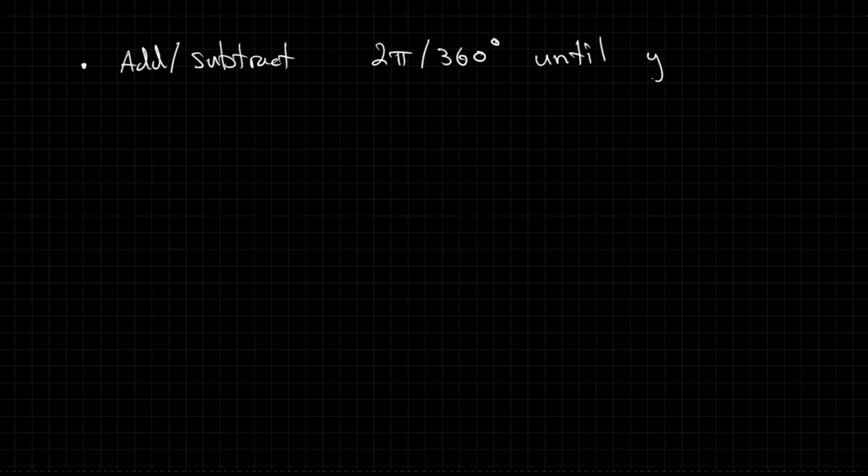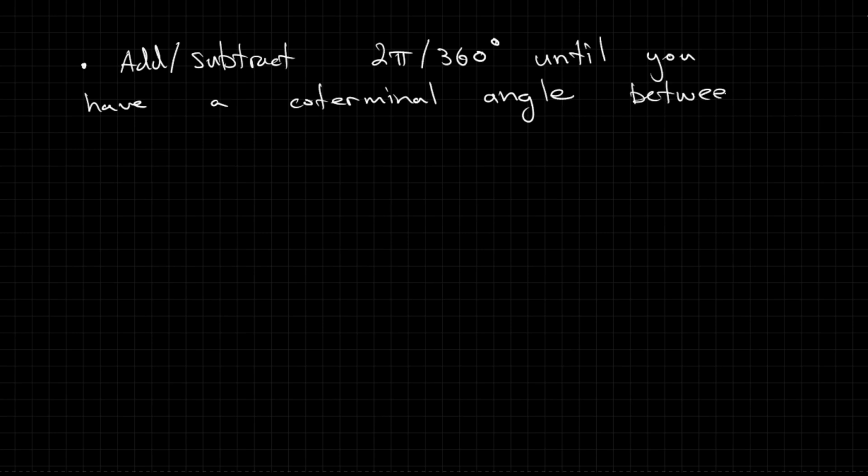The first step is to add or subtract 2 pi or 360 degrees, depending on if you're working in radians or degrees, until you have a coterminal angle between 0 and 2 pi, or between 0 and 360 degrees if you're working in degrees.